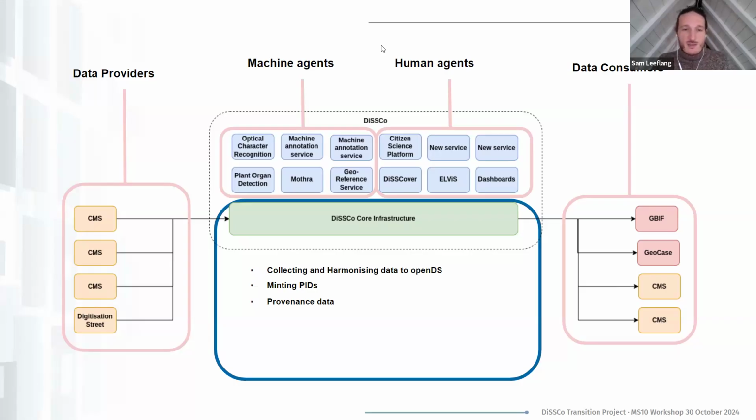The minting of the PIDs, already mentioned. We created this persistent identifier infrastructure for the DOIs, which we'll mint for specimens. We work together with DataCite. For each specimen, we'll mint a digital object identifier, a DOI. And for all the other objects, we'll mint handles, which we will store and resolve ourselves in the infrastructure.